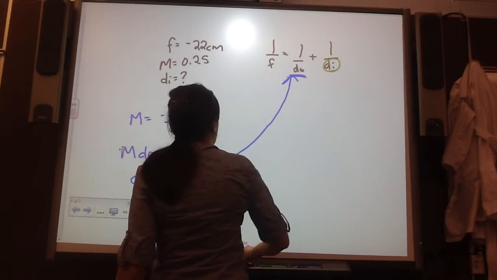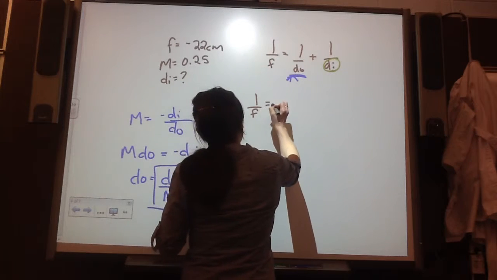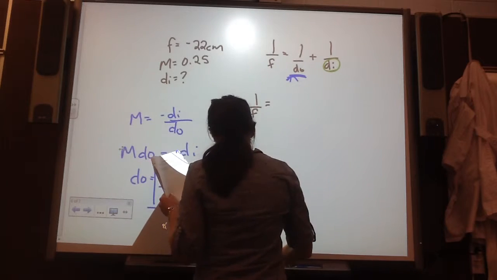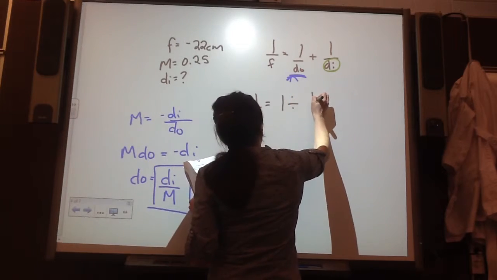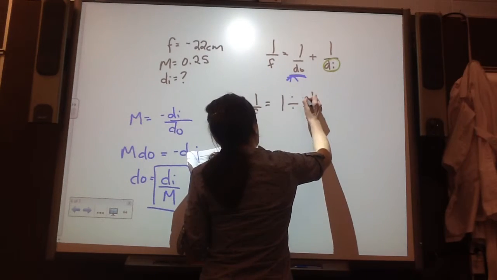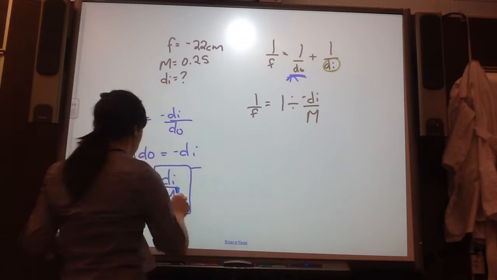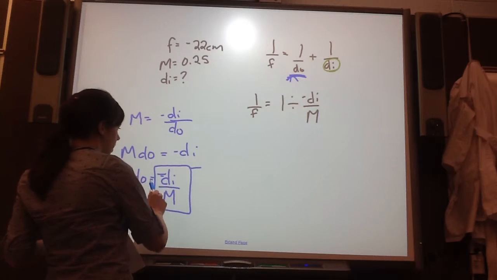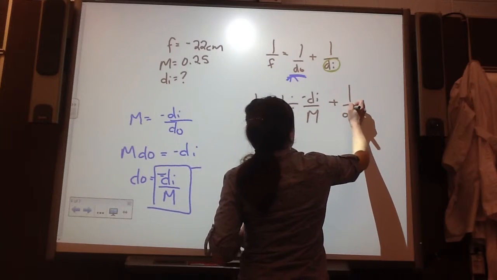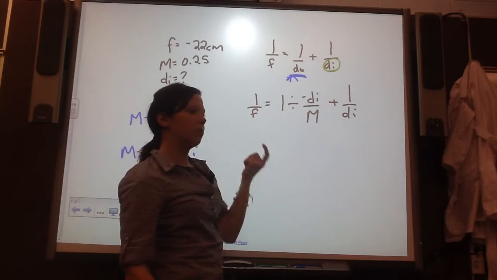Now I'm going to rewrite this as 1 over f is equal to 1 divided by 1 over negative di over m, plus 1 over di. This should be negative di. Now, since I have 1 divided by a fraction, I'm going to multiply by the reciprocal.